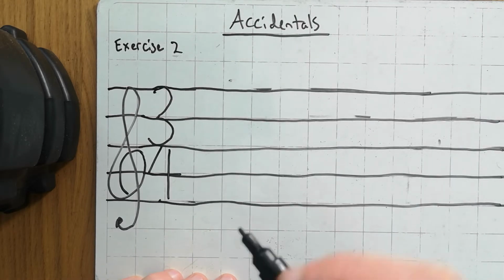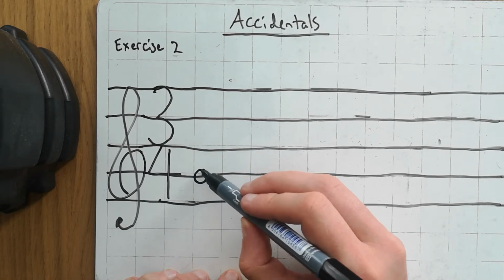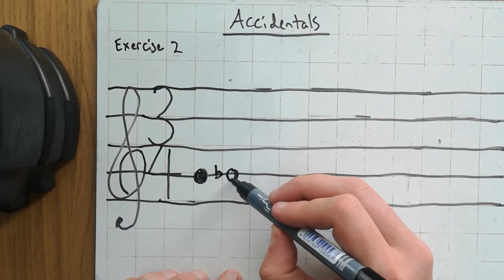Okay, now exercise number 2, you'll see we're in 3/4. Again, I'll write out a passage of music, and I want you to tell me what certain notes are.